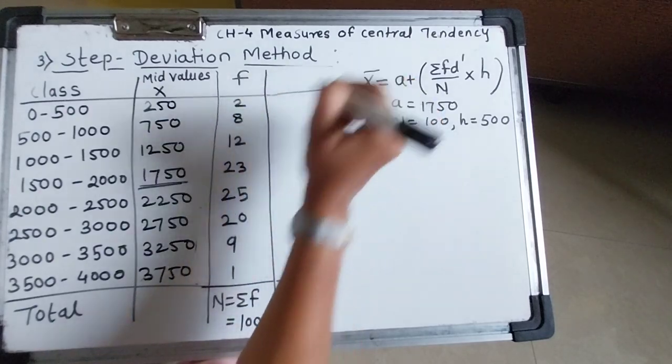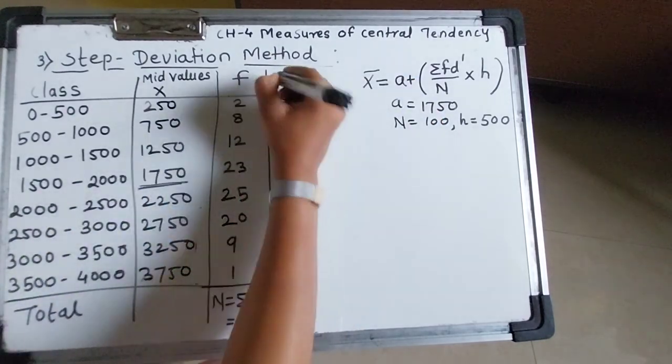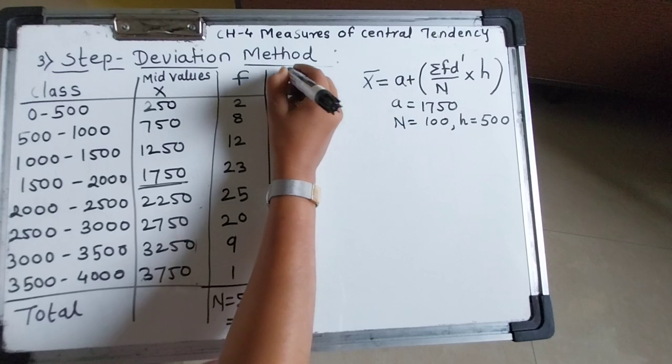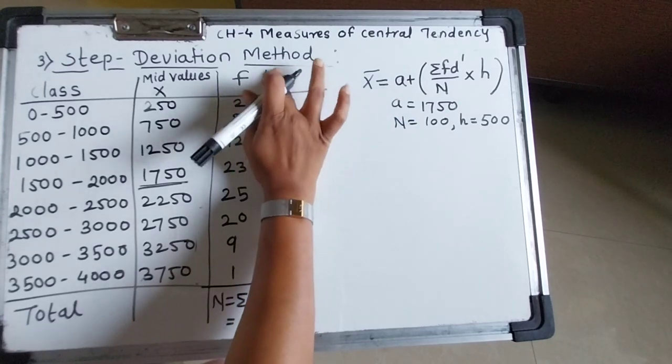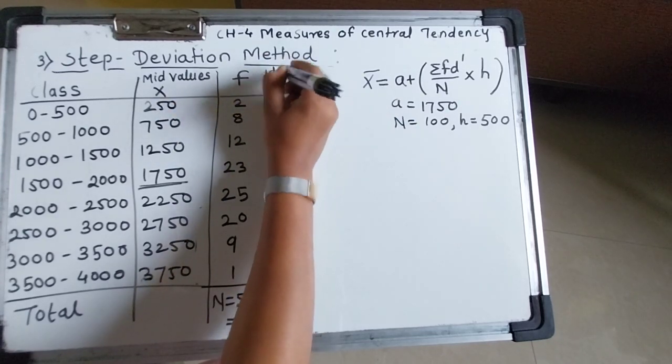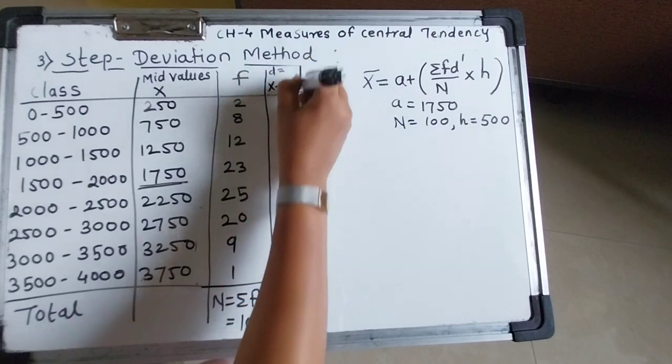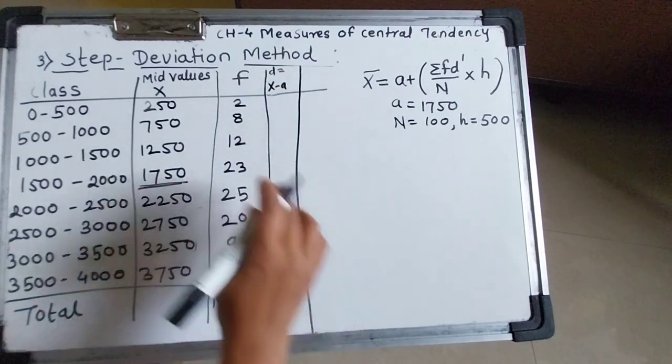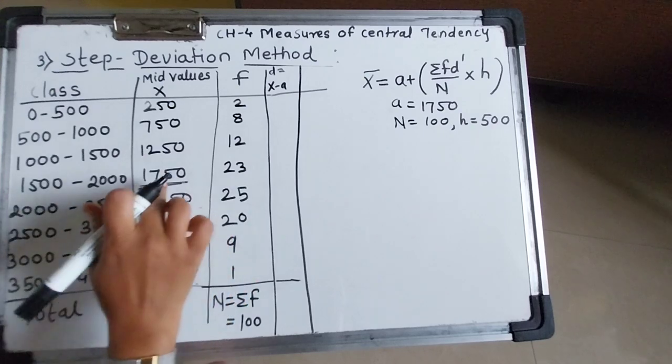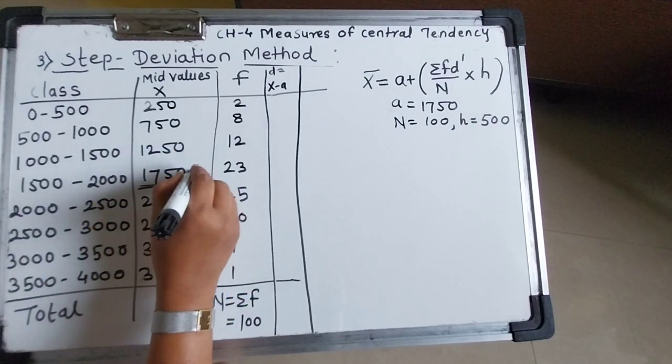How to find f d dash? First find d. Small d, the deviation, is x minus a, where this is my a.